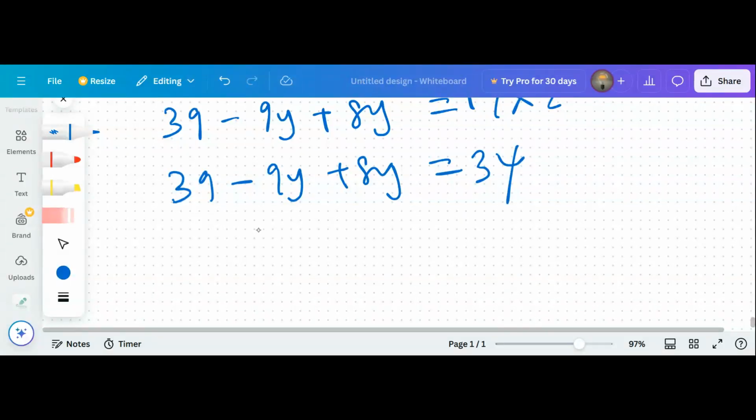Now we will take the numbers to one side and the y to the other side.